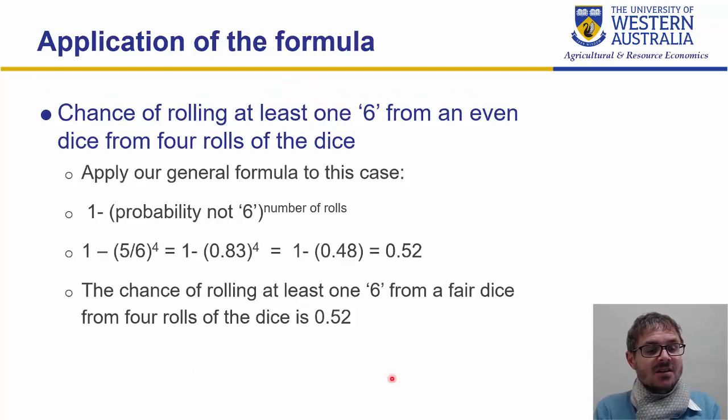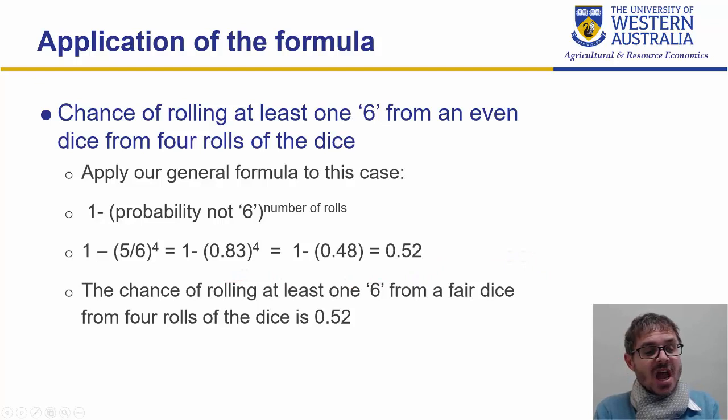Okay, so the chance of rolling at least 1 six from 4 rolls. By the time we've got to 4, it's starting to become difficult for us to enumerate all the possible outcomes. So then it really does become valuable to fall back to our formula. Here's our formula, and we know the chance of not rolling a 6 is 5 out of 6. 1 minus 0.83 to the power of 4 gives me 0.52.